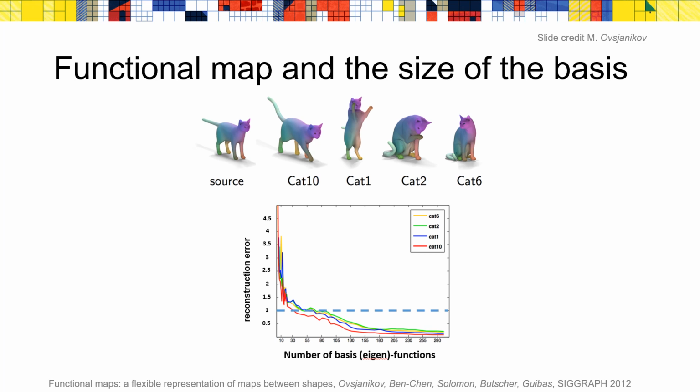And this is completely similar to what we saw for the representation of signals. So a lot of information is lost due to the selection of the truncated subset of the Fourier basis, and this generates an error in the representation of the point-to-point map.